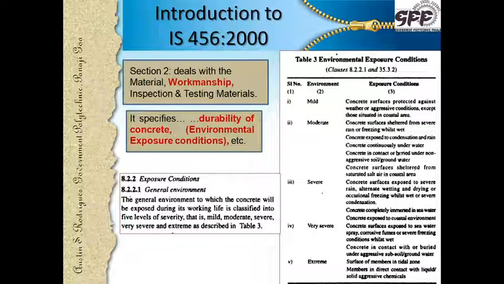Yes, the structures built in Goa fall under this category. Very severe, that is concrete surfaces exposed to seawater spray. When we are looking at the environment in the durability condition, we have to always focus that ours is condition 4, ours is the level 4. Look at level 5, extreme: surface of members in tidal zone.